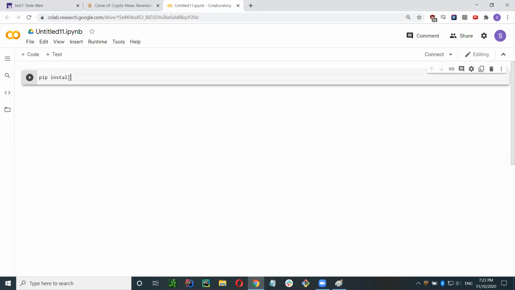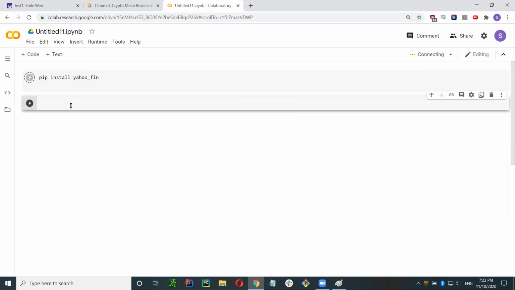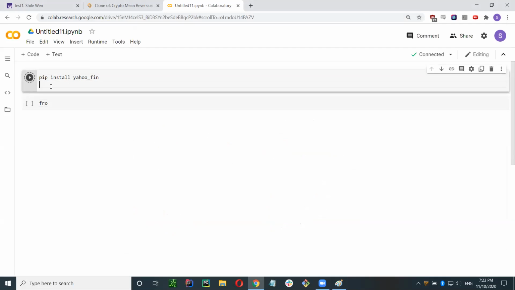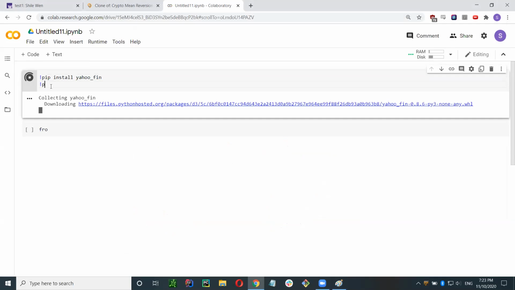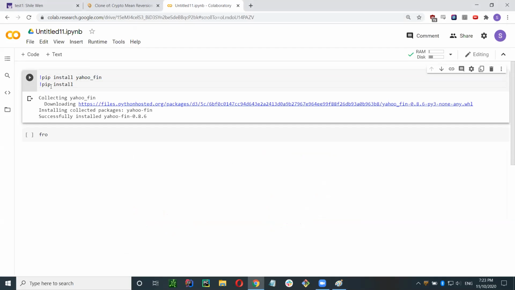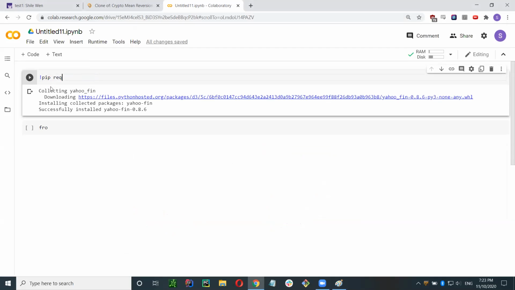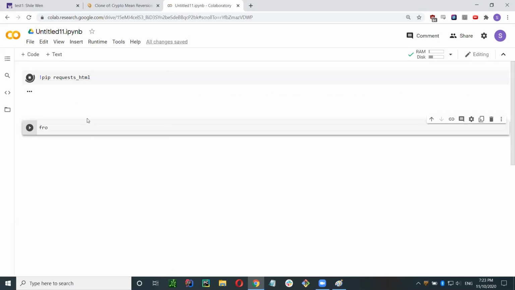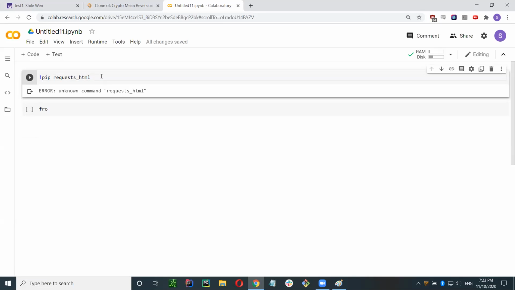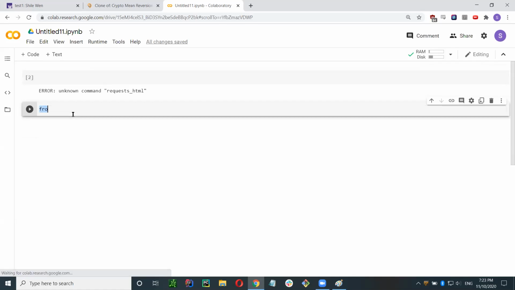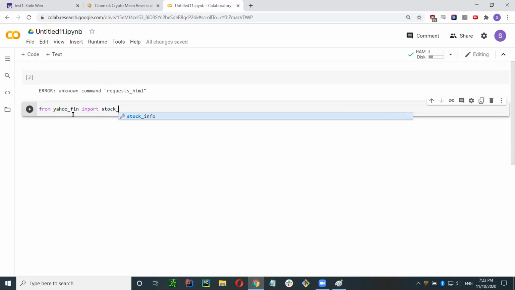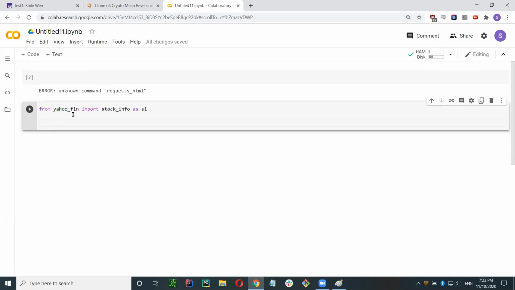Okay, so pip install yahoo_fin. So from yahoo_fin import stock_info as si, and si will allow us to pull some stock data.